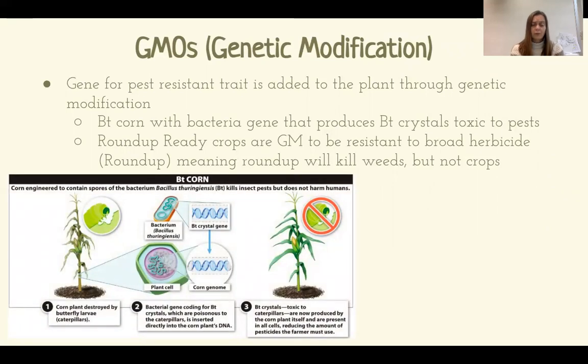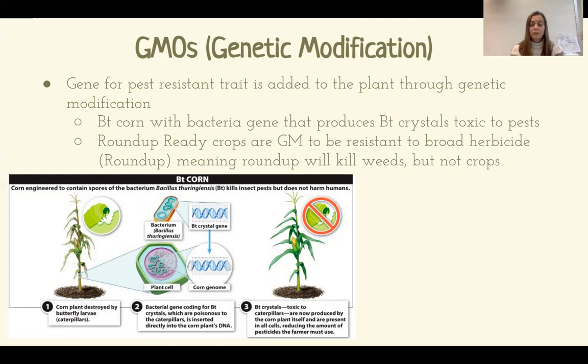So here's our BT corn. We've talked about this one before. It's been engineered to create the BT crystals within the cells of the plant so that when the caterpillars eat it, it kills the caterpillars and protects the plant.